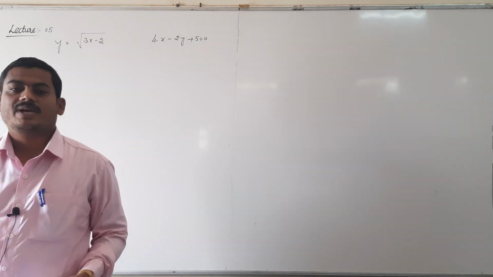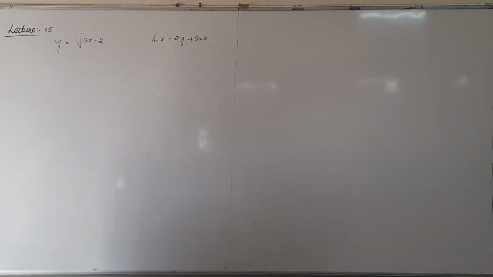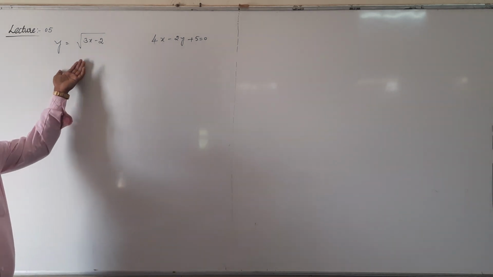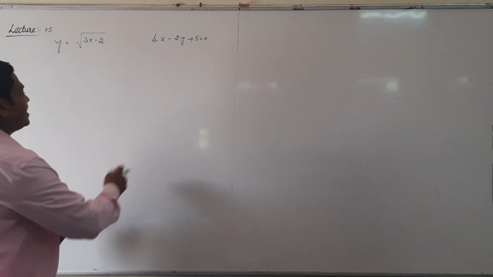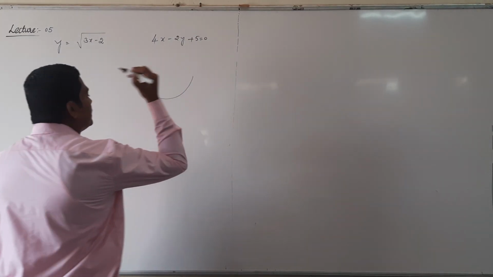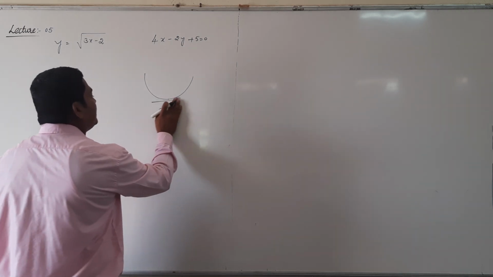It is one of the very important 3-mark questions, right? Find the equation of tangent to this curve at which the tangent is parallel to this line. Suppose this is the given curve and this is the tangent line.